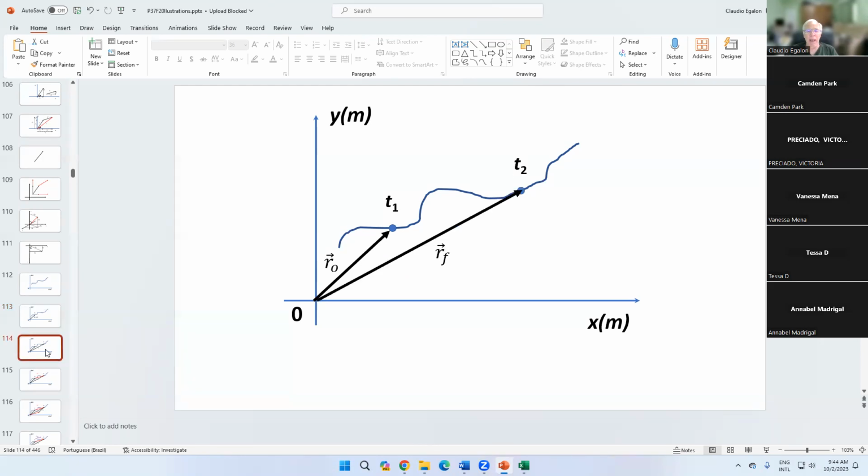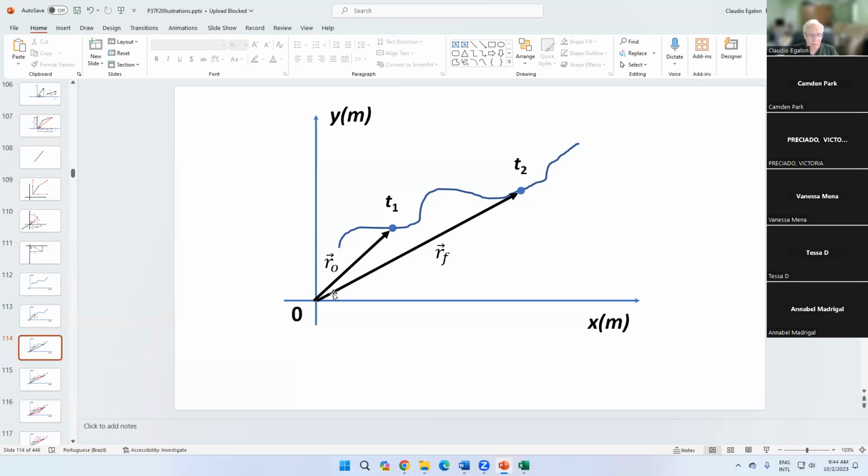As time goes by, try to visualize a movie: how does this vector change? It starts here, and then a little bit later it goes elsewhere until it reaches this point. Here I'm denoting the final position and the initial position.